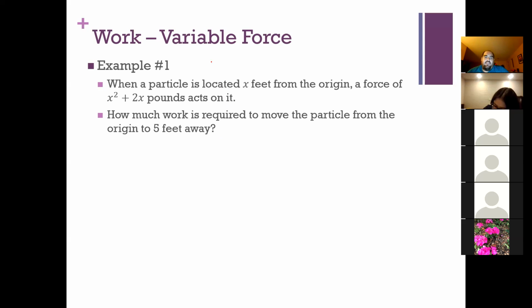So you just put at the top of the slide here, how do we find work? So if this is the integral we're going to use to find work, help me fill in all these missing pieces here.